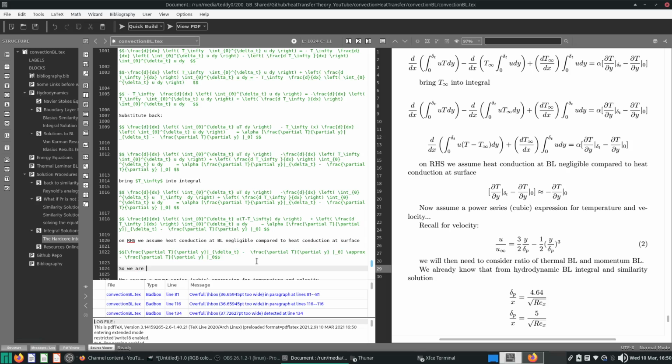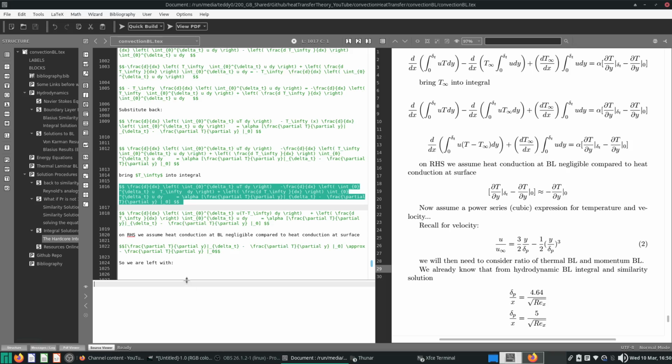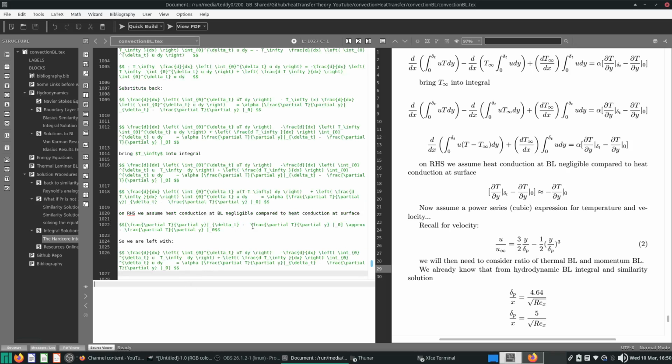So we are left with this expression, and we finally get our integral solution for the boundary layer. All right, excellent.